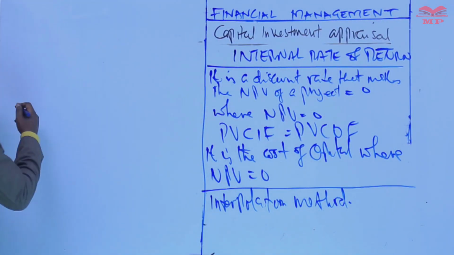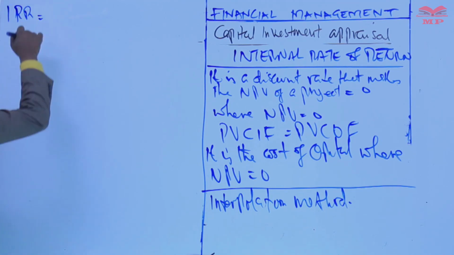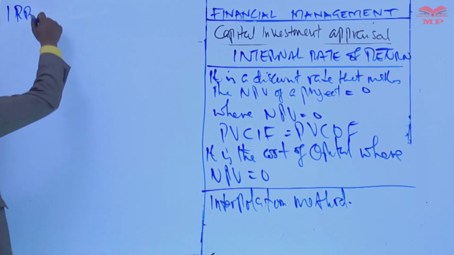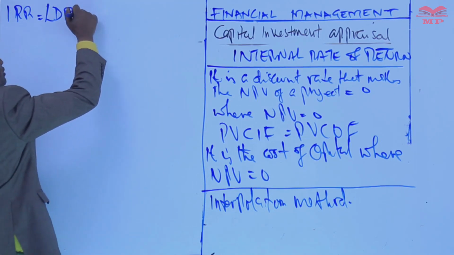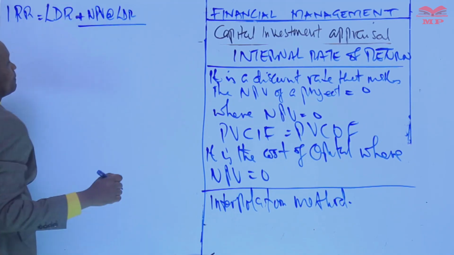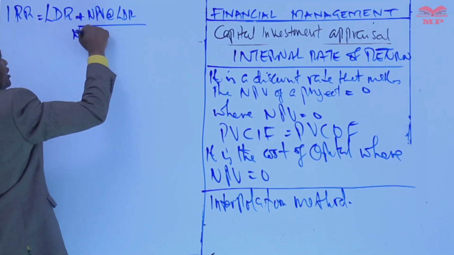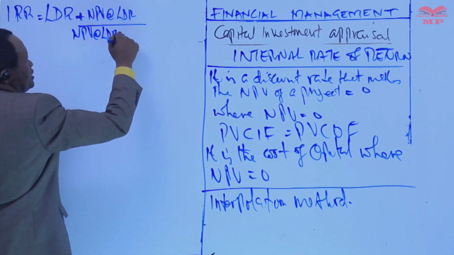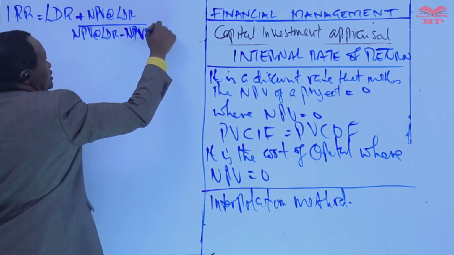So what is the formula? Using the interpolation method, IRR, the internal rate of return, is equal to LDR, the lower discounting rate, plus NPV at lower discounting rate over NPV at lower discounting rate minus NPV at higher discounting rate.